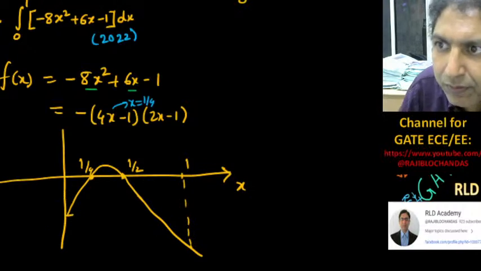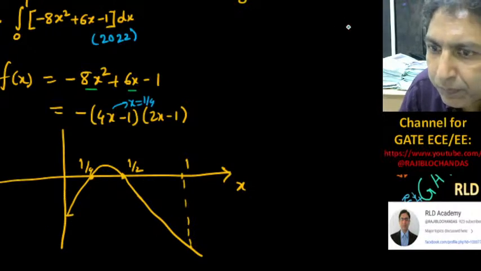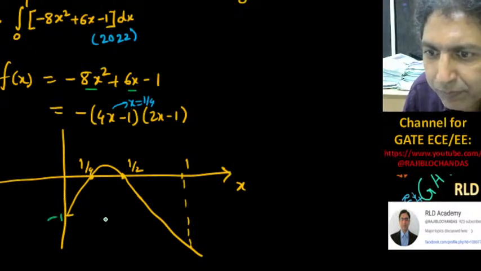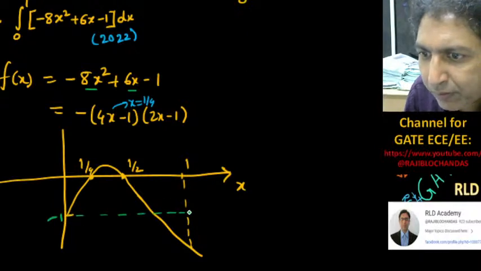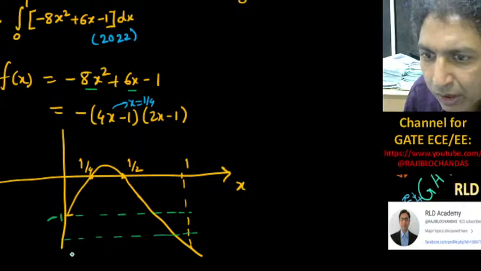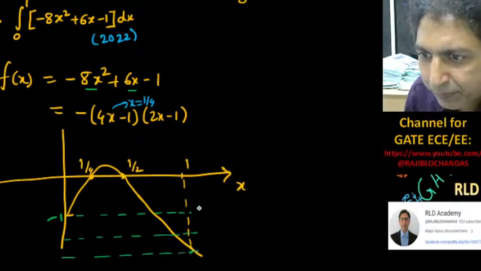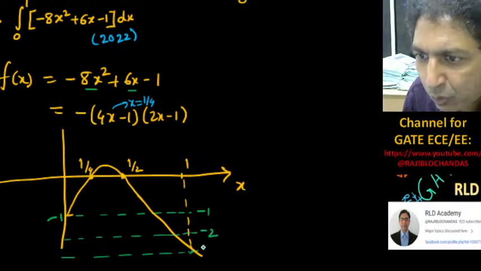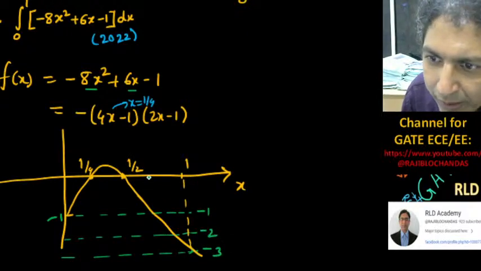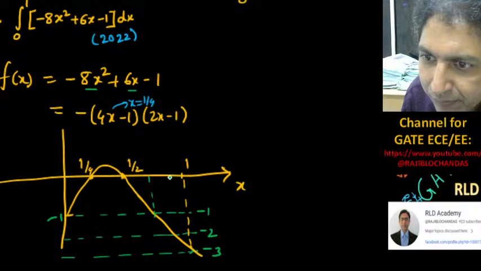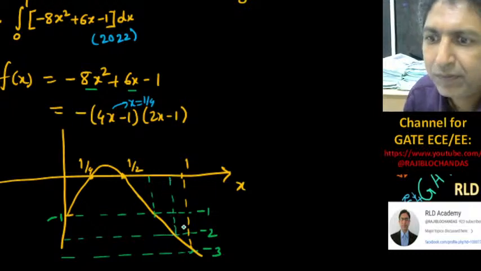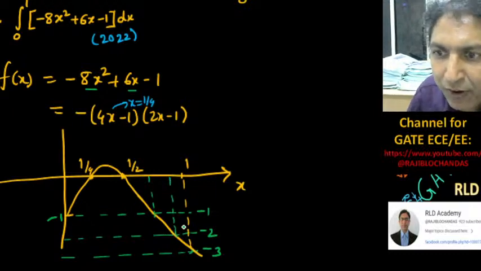This value is minus 1. So at minus 1, somewhere here I will get minus 2, and this value I have got minus 3. So minus 1, minus 2, and minus 3. I need to get these corresponding points. So solve for this one.